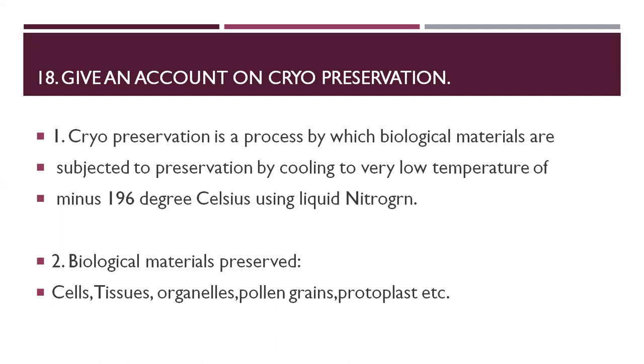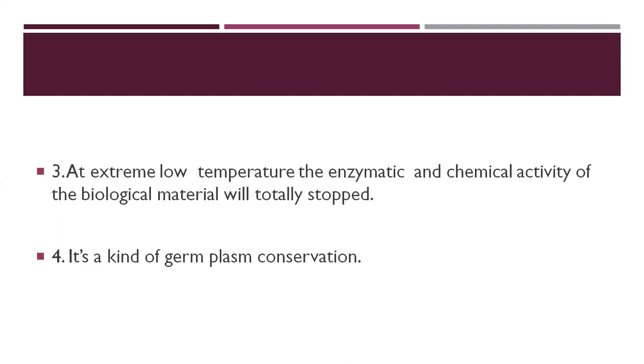So these biological materials are preserved in this methodology. At extreme low temperature, what will happen? The enzymatic and chemical activity of the biological material will totally stop. It is a kind of germplasm conservation for the future.